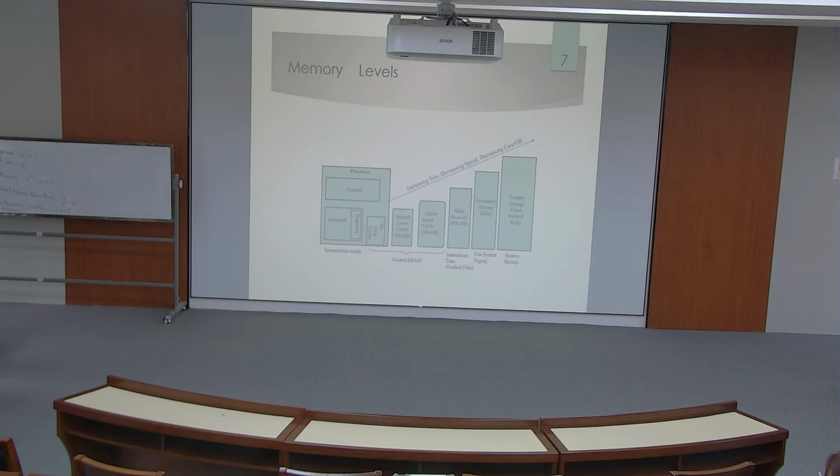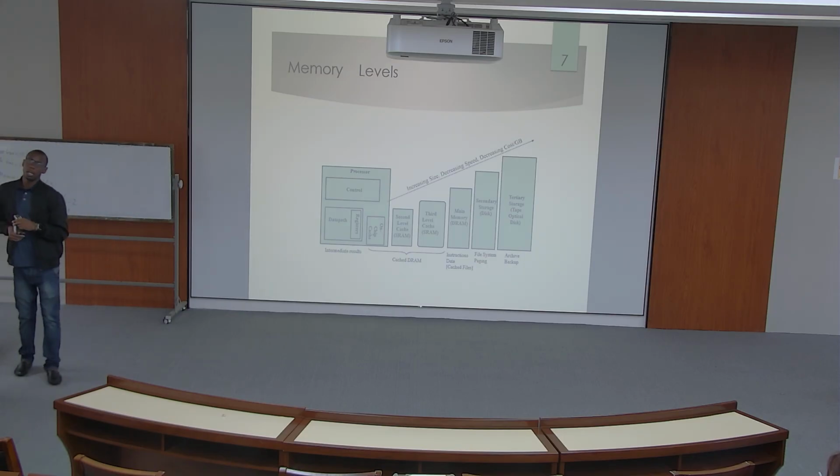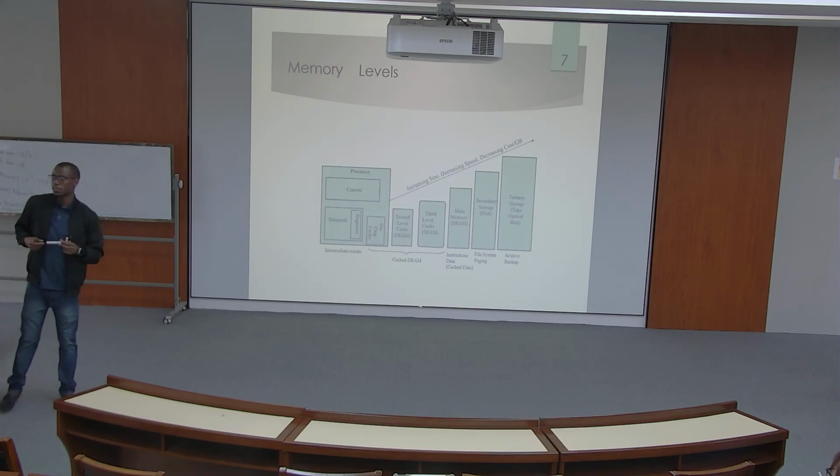Now, memory levels. We have a processor, if you still remember. Now, inside the processor, we have a very specific memory. What is the name of the memory that is incorporated in the processor?